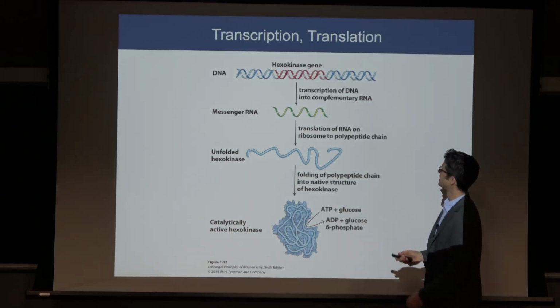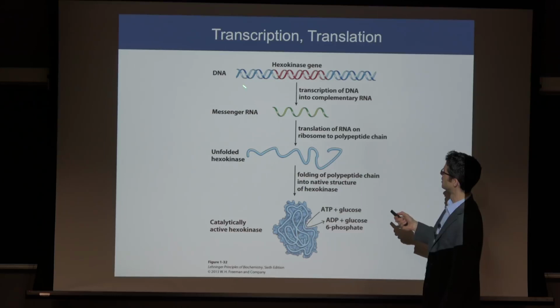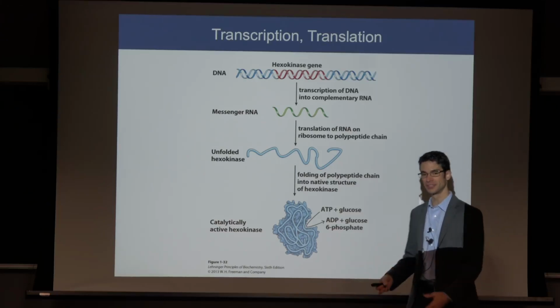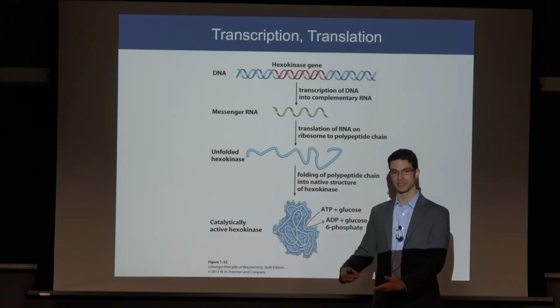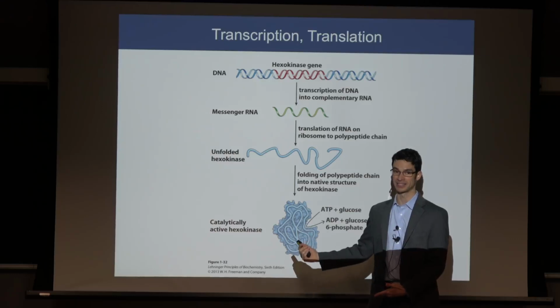So here is an example of DNA. DNA contains a gene, which is one protein coding region. The gene is transcribed into a messenger RNA, and the messenger RNA finds the ribosome, and each set of 3 DNA or RNA nucleotides is translated by the ribosome into a different amino acid residue.